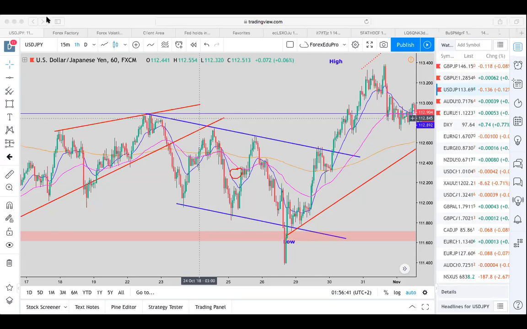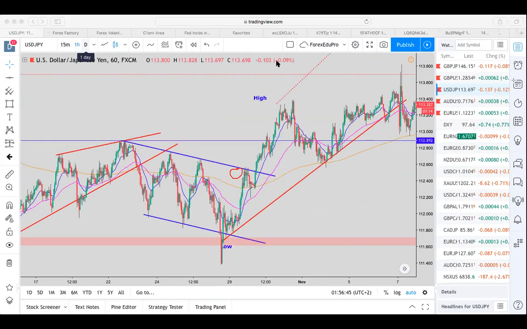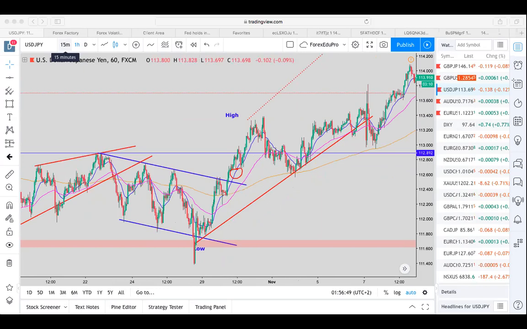Okay, I'm unable to find it, but you get the idea. Exactly what I've been portraying the whole evening to you. We have a situation where we have a predefined structure, we have a break, and we have the buy.